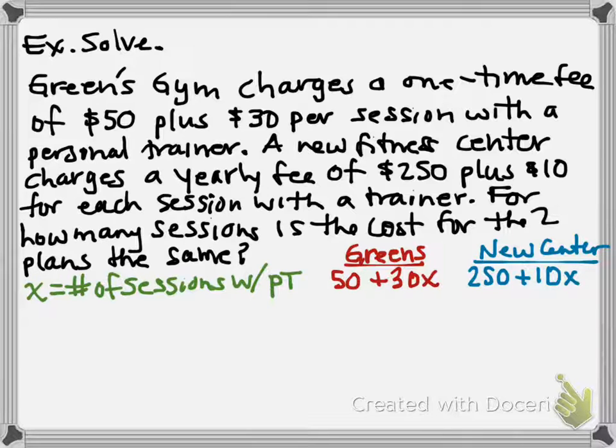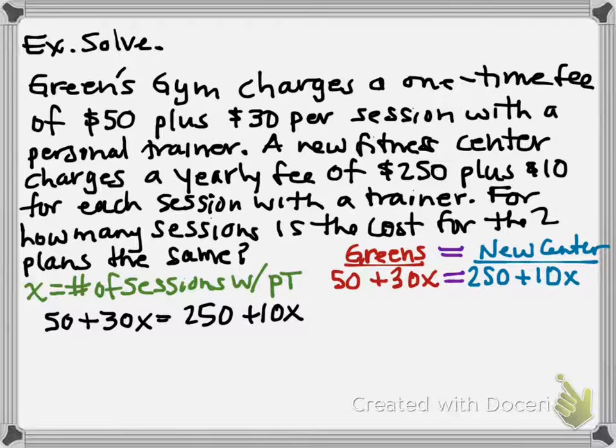What in math means the same? Equals. So basically, there's our equation. How much it costs me to go to Green's Gym, and how much it costs me for the new fitness center, I take those two ideas and set them equal to each other. So again, I get 50 plus 30x equals 250 plus 10x.